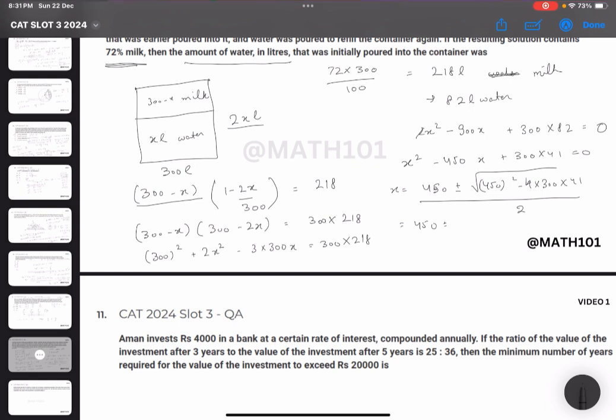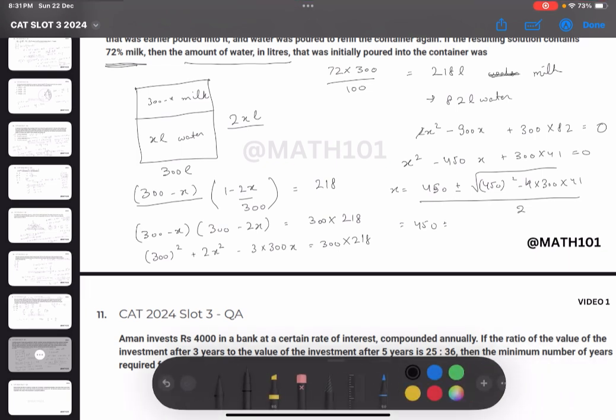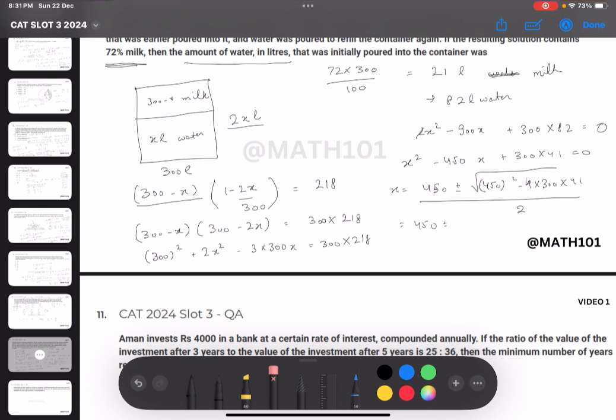Two x minus 3x is 900x. This is 6, this is 4, so we get 6.